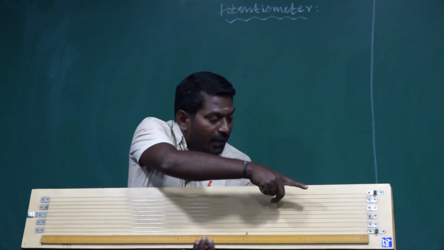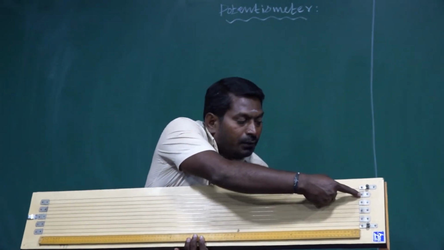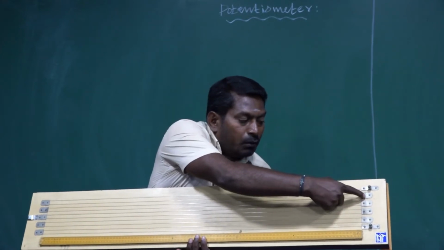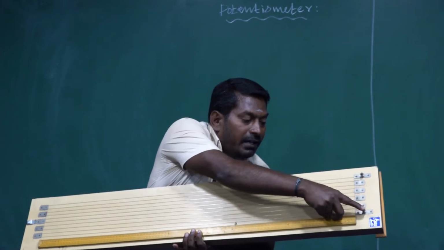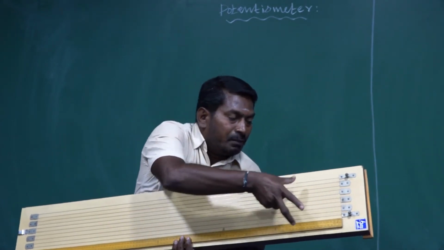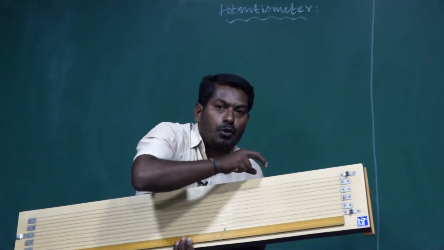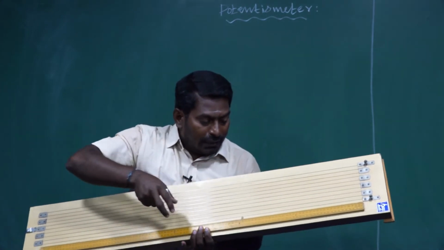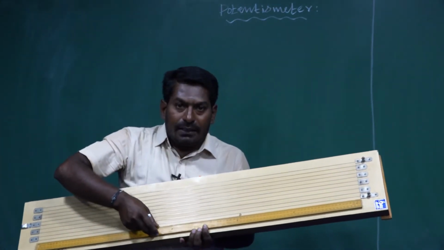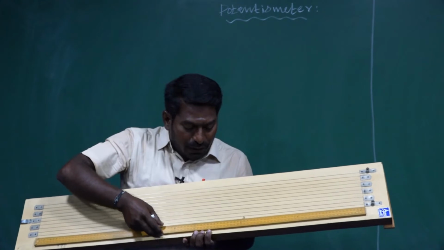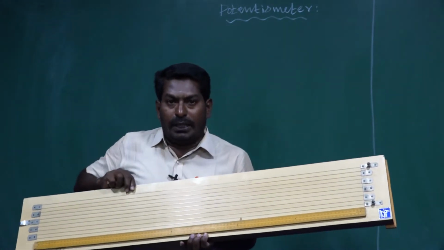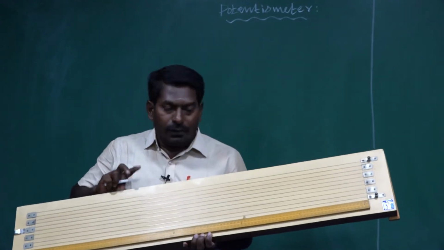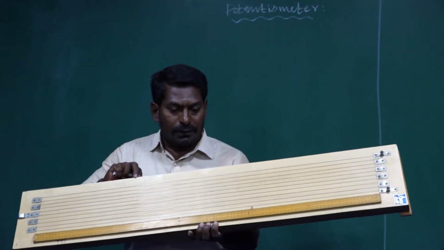The ends of the manganese wire are fixed with copper strips using binding screws, and the first end and the last end of the manganese wire are brought to the same side of the potentiometer instrument. And one more thing, a meter scale. A meter scale is also fixed on the wooden board, parallel to the potentiometer wire. So this is the potentiometer instrument.